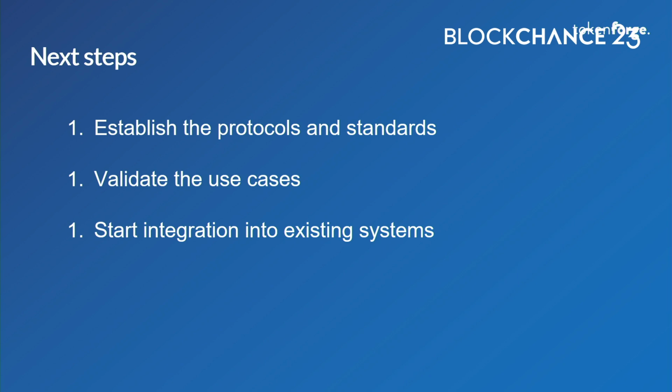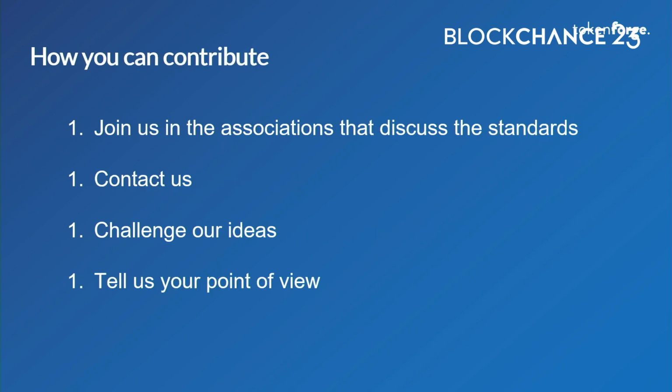We are validating the use cases, and we start to integrate into existing systems. And how you can contribute is join us in the associations, contact us and discuss our approaches, challenge our approaches, so that we really can introduce a standard as fast as possible.